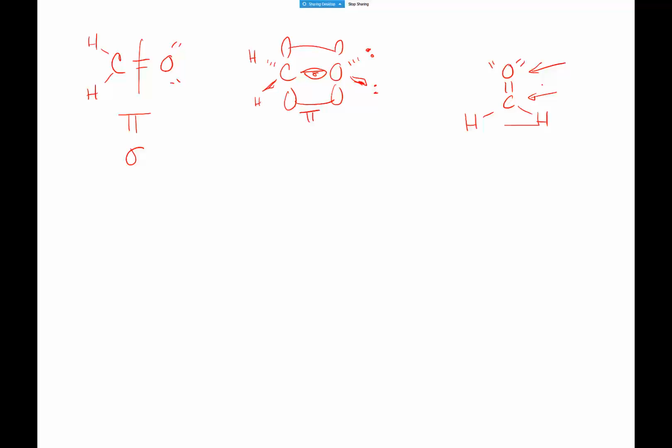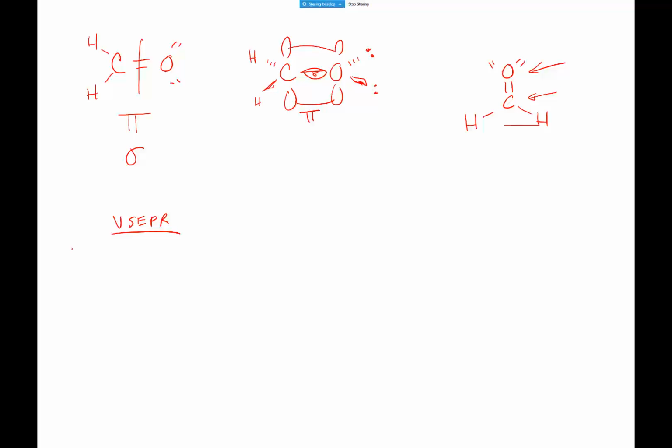Now, there's many ways we can do that, but let's start with the idea of VSEPR geometry. So when you have the VSEPR geometry, what is the correlation of that to hybridization?